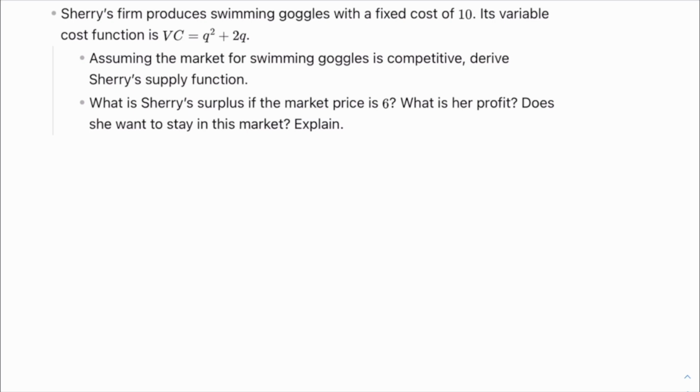The question asks us to derive the supply function and determine whether she stays in the market, because we can see the fixed cost of 10 here, so it's a shutdown case. It even asks about staying in the market, which can be confusing, but it asks whether she is inside the shutdown point, or whether she needs to produce in this situation.